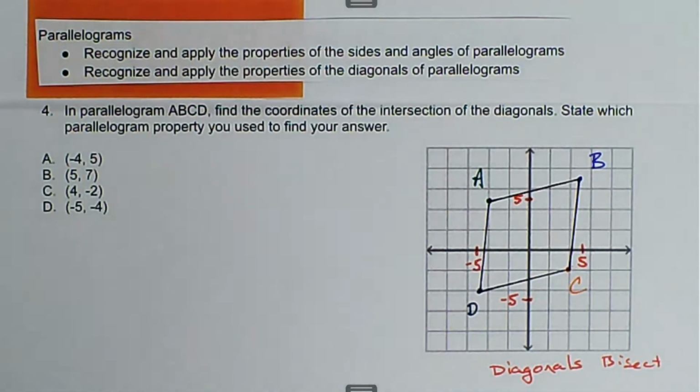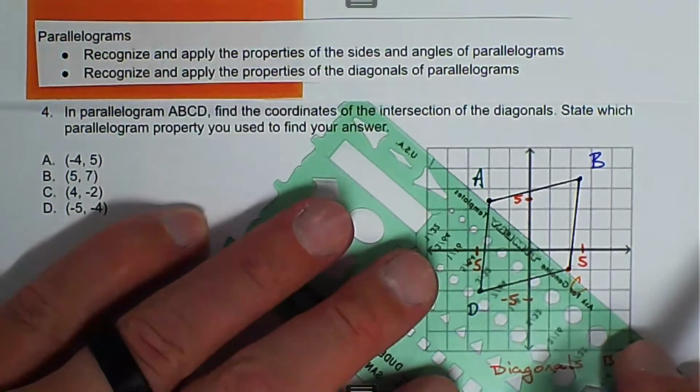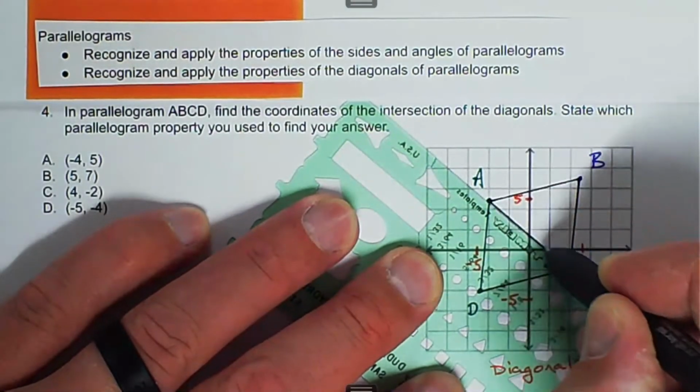Next, the question says, find the coordinates of the intersection. So I'm going to sketch in my diagonals because we want the intersection of the diagonals.